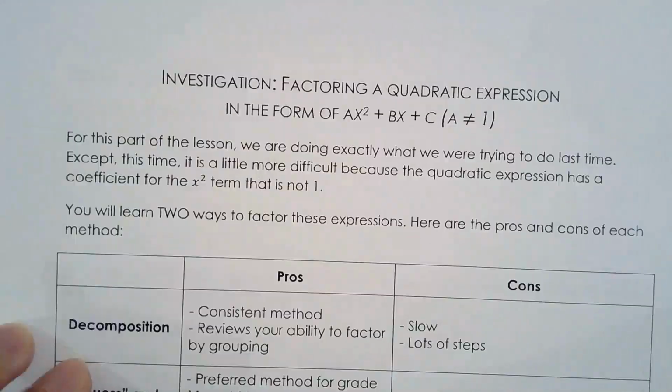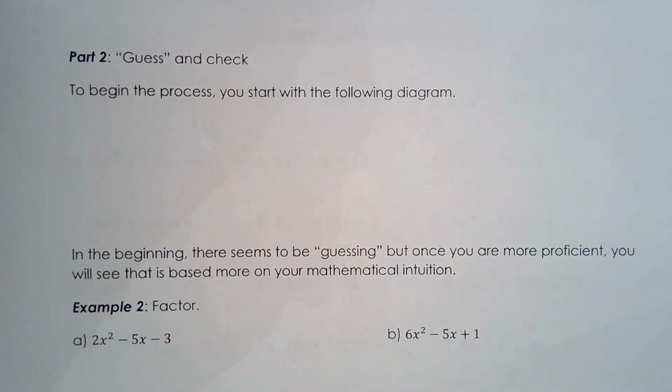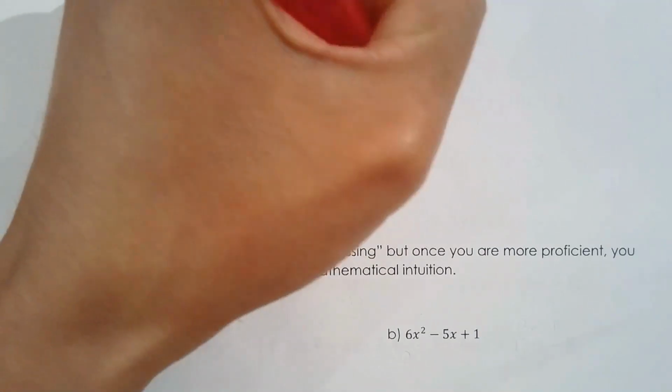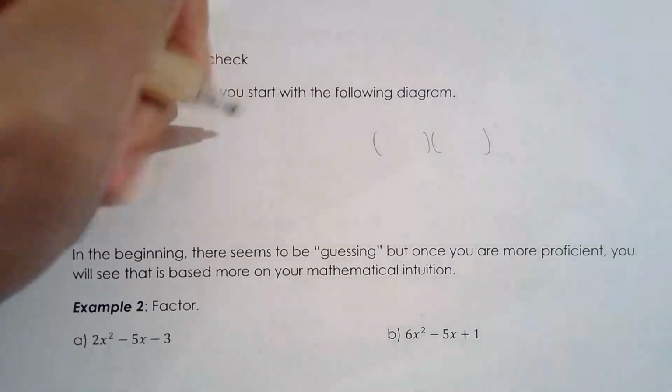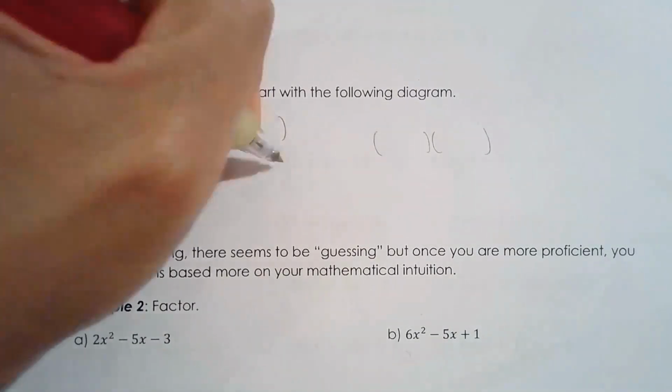Okay, so on to what I really want you to do. With this method of guessing, what we're going to do is start off with a diagram to help us understand how it works. Usually when we write the factors of the binomial, we write them side by side. But for this technique, we are actually going to stack the factors on top of each other like this.